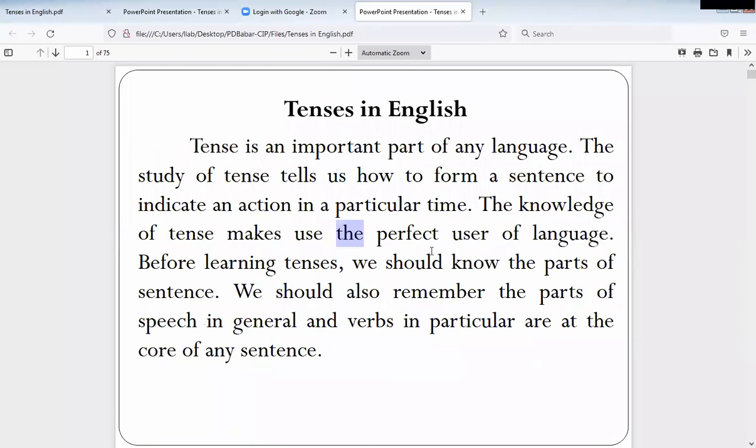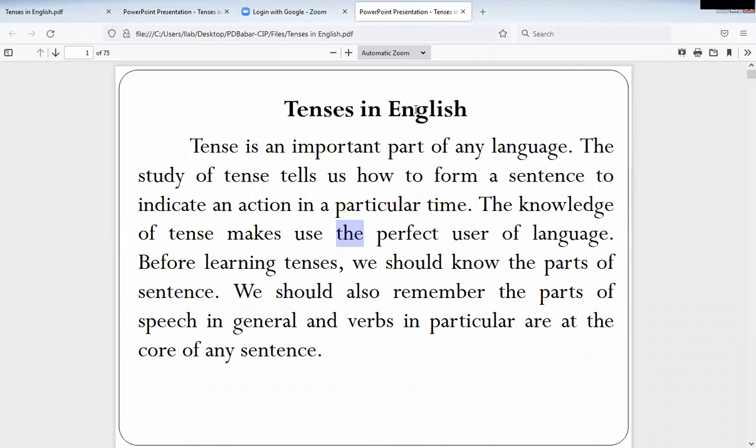To construct a grammatically correct sentence, it is necessary to know the structure of tense. There are three tenses: the first is present tense, the second is past tense, and the third is future tense. These three tenses have their subtypes.